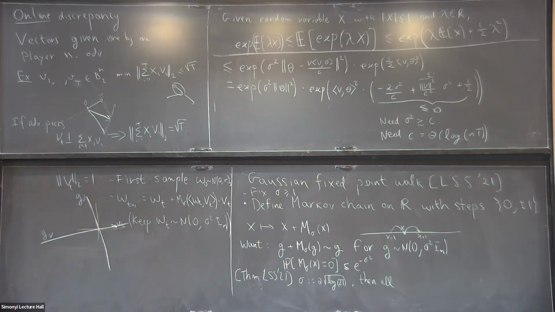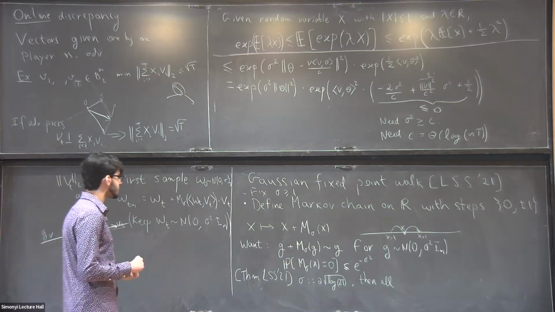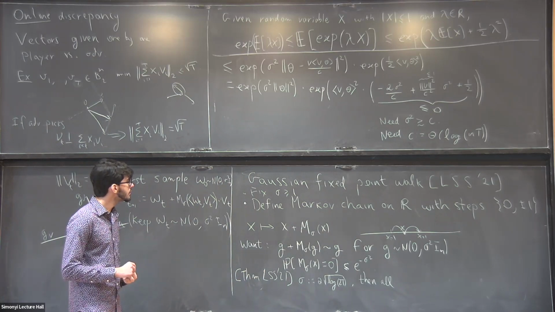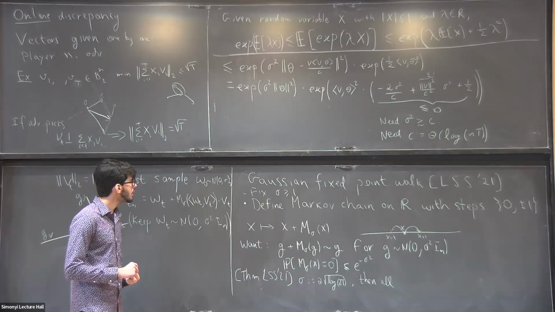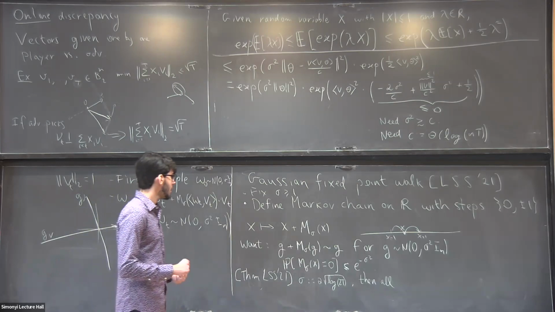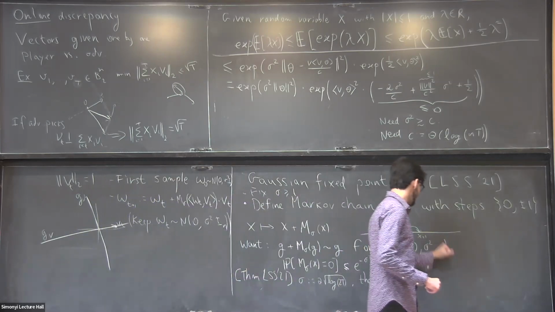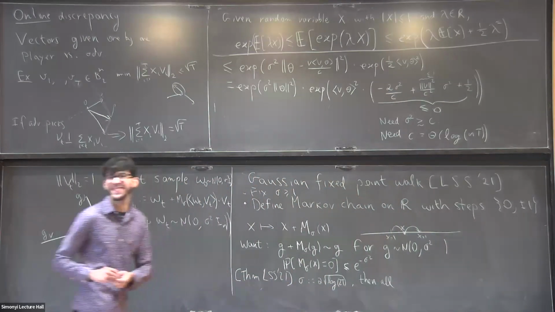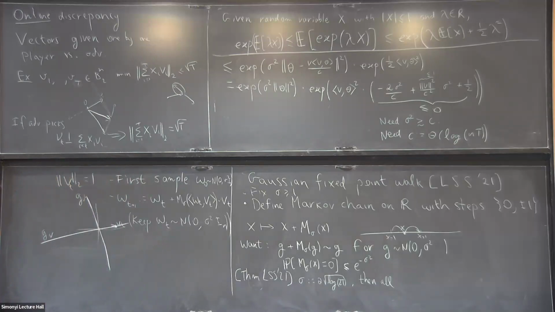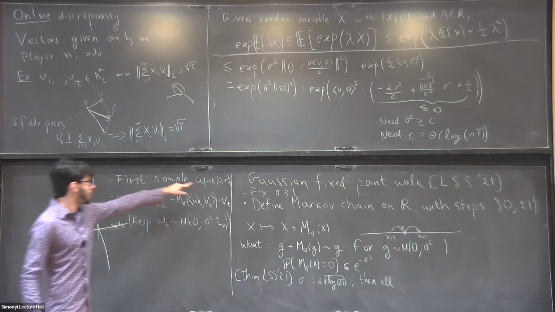I have a question about what you said. G is like a multivariable Gaussian, right? So what does it mean to add a real number to it? Oh, sorry. Oh, okay. Now I get it. Sorry. So here it's actually multivariate.